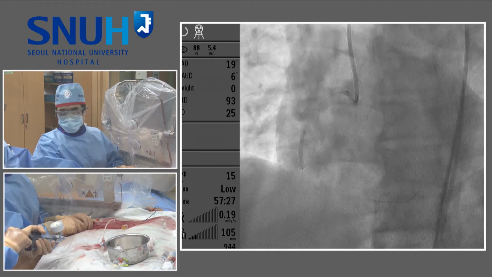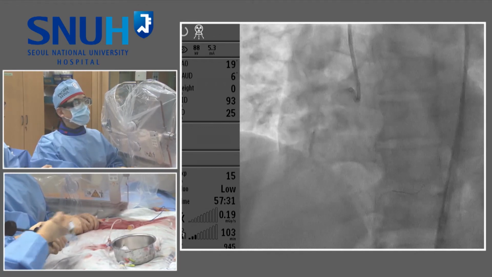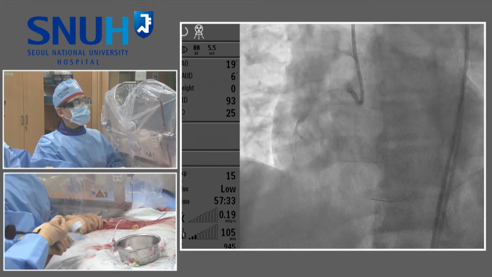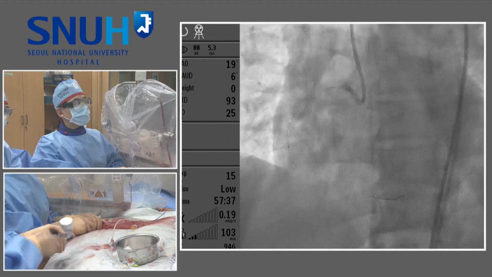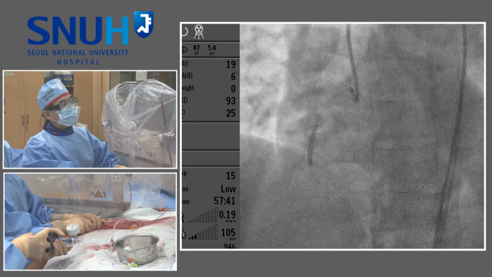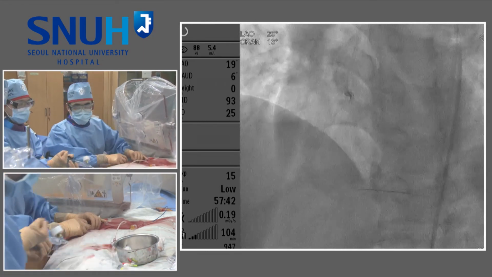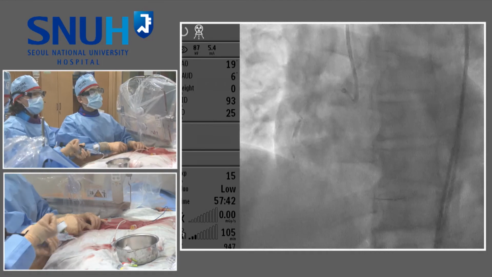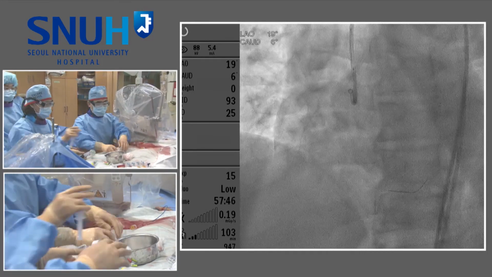Raise it a bit more, 12. Okay. Deflation. Pull back a little to maximum. Okay, maximum, 16. Save it, and give NTG and deflate. So much plaque burden. Even if you put in NTG, where is this going to go?